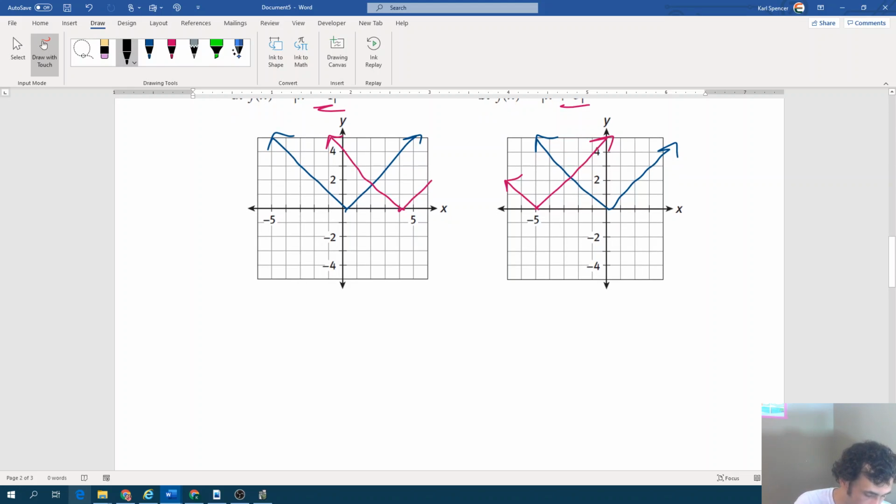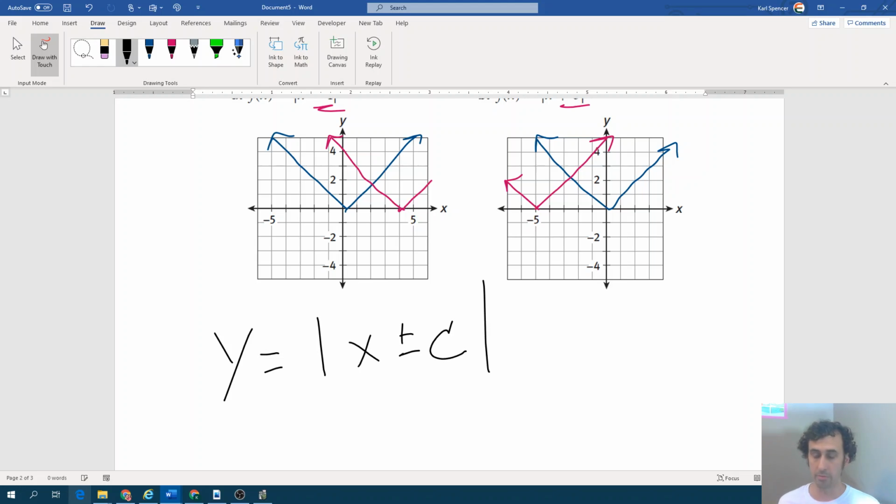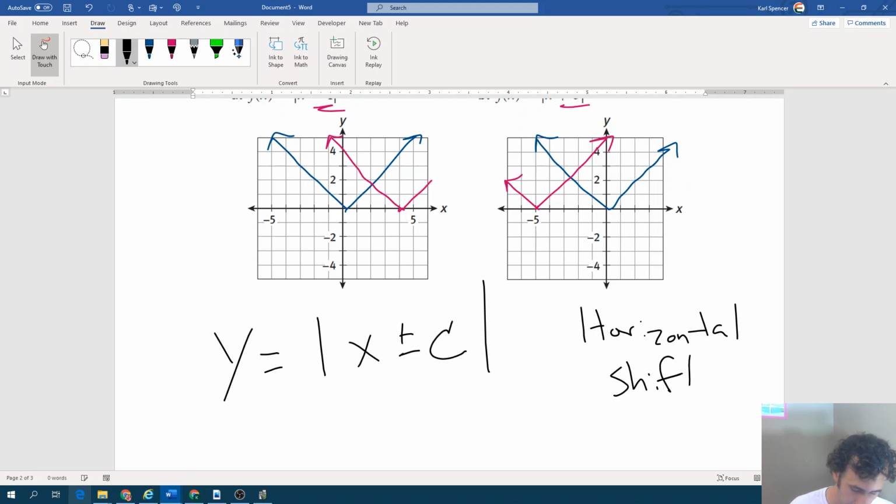If I went y equals the absolute value of x, either plus or minus c, let's use the variable c for us, this is what we're going to call a horizontal shift. It moves the graph left and right.